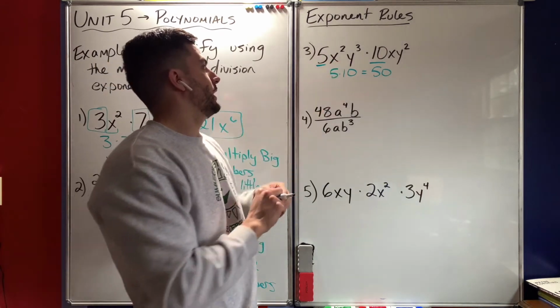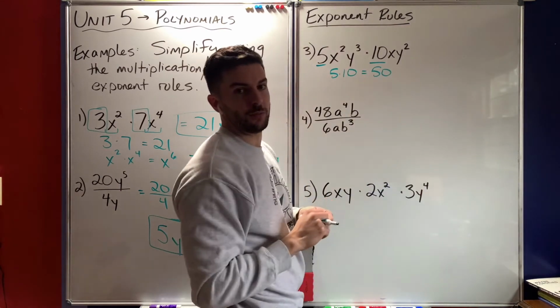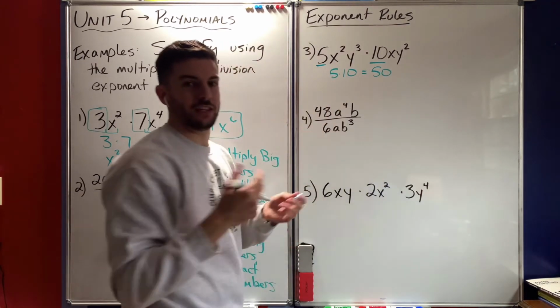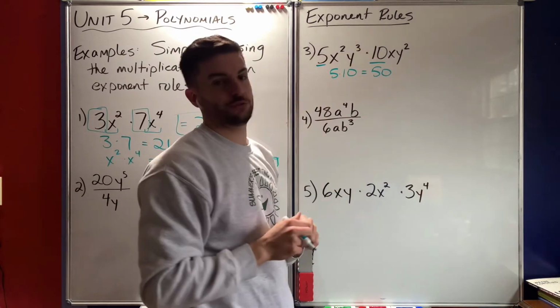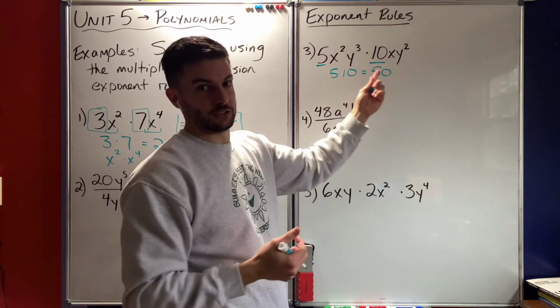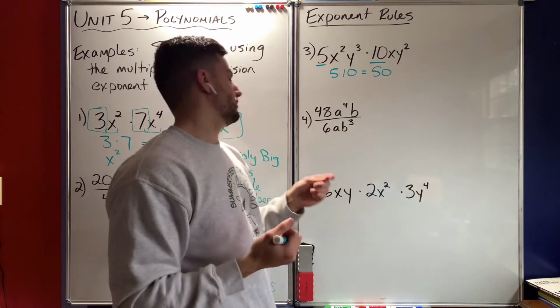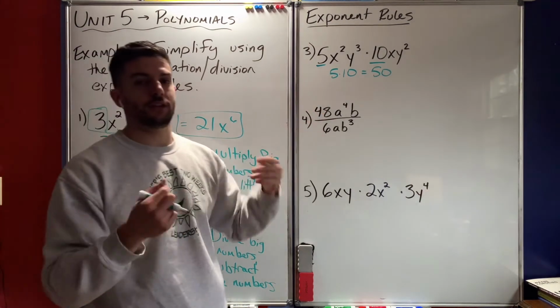So look, I know I have x squared here and y cubed in this term, but I can't multiply those, right? Those aren't the same base. So I wouldn't add those exponents together because this base is an x, this base is a y. Again, these exponent rules apply only when they have the same base.